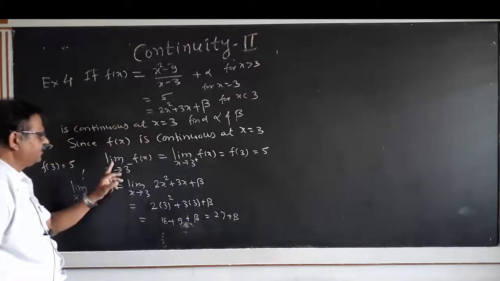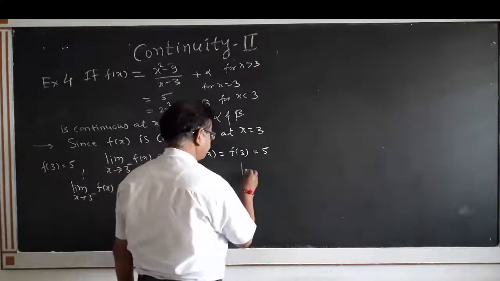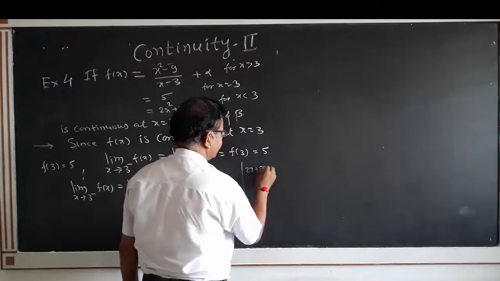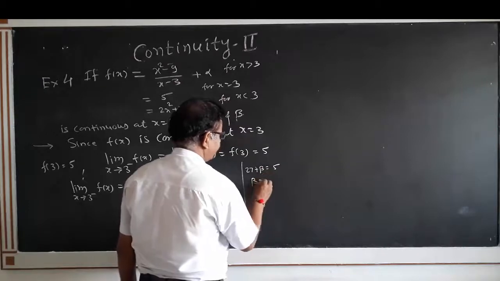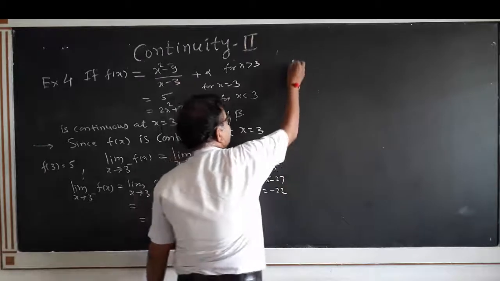And we know that limit x tends to 3 minus of f(x) is equal to 5. Therefore, 27 plus beta equal to 5, beta equal to 5 minus 27 equal to minus 22.